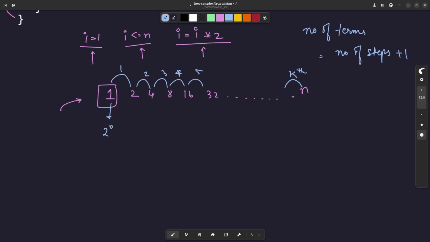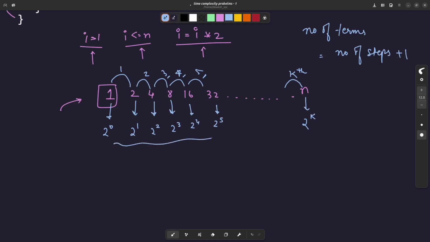After the first step, I value becomes 2 to the power 1. After the second step, I value becomes 2 to the power 2. After step 3, I becomes 2 to the power 3. After step 4, I becomes 2 to the power 4. After step 5, I becomes 2 to the power 5. True, right? Because these are only powers of 2. So similarly, after step k, I will become 2 to the power k.